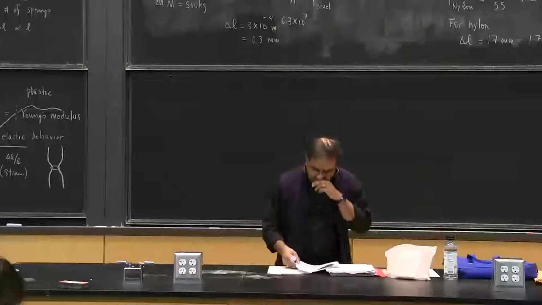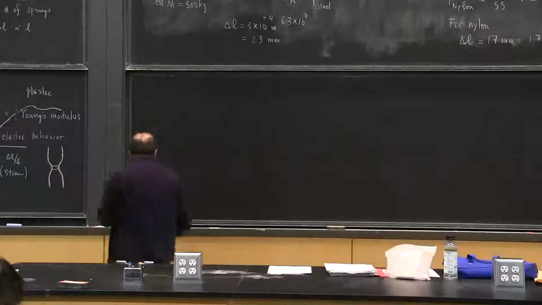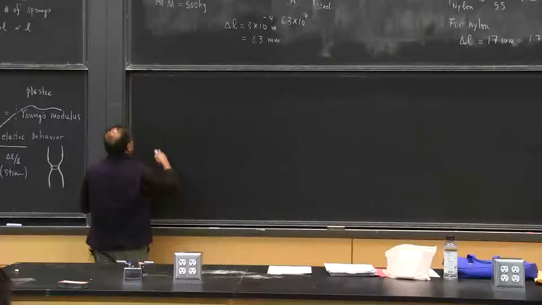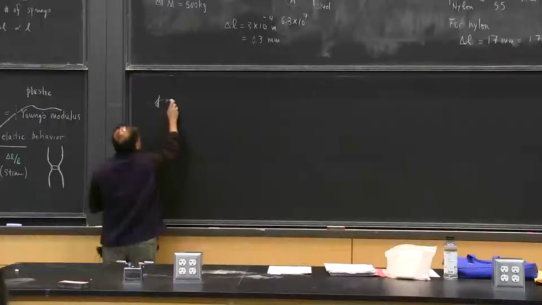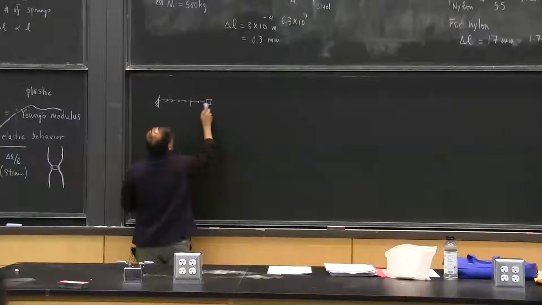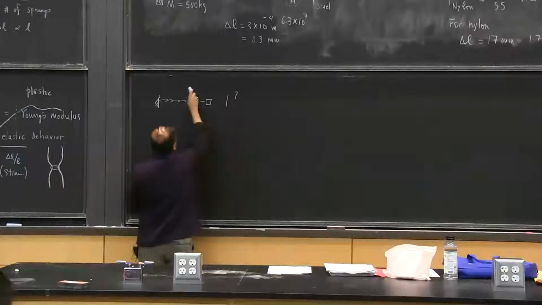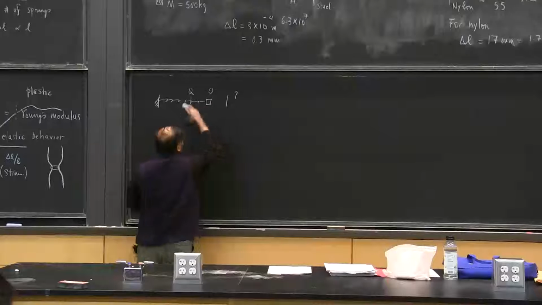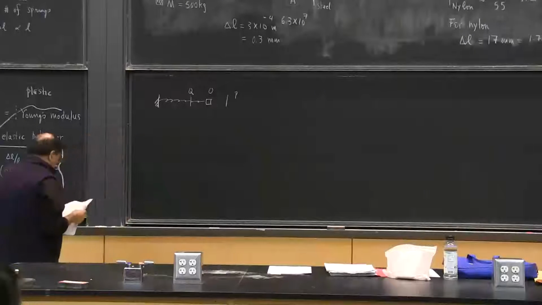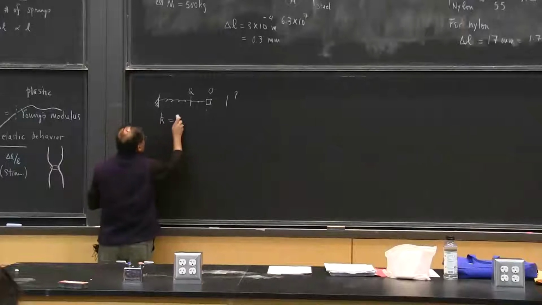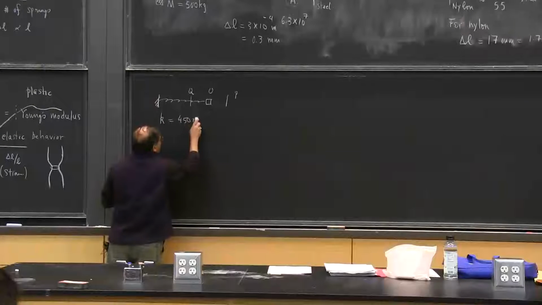Okay. Let me work out a simple problem using simple harmonic motion, just to give you a taste of how to do these problems, because I assigned them. Essentially, suppose you have a spring, just the way I drew it Tuesday, and the spring oscillates between two endpoints, P and Q, and this is the center. I stretch it and let it go. Typically, that's how this would work. Suppose I give you some numbers. The spring constant k is 450 newtons per meter.